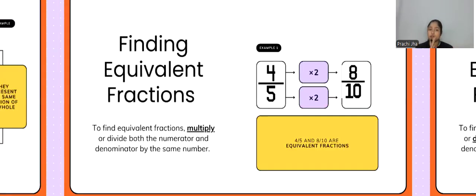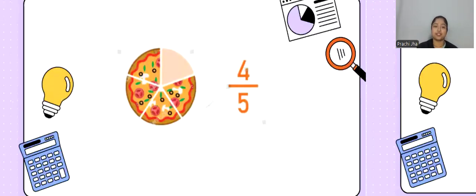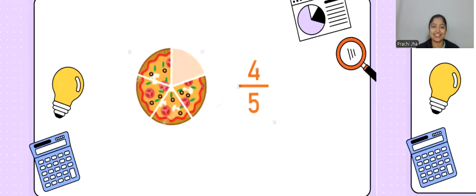If you are finding an equivalent fraction for 4 over 5, let me show you a pizza. Everybody likes pizza, right? This pizza represents 4 over 5. What if I divide each of the slices into equal portions?